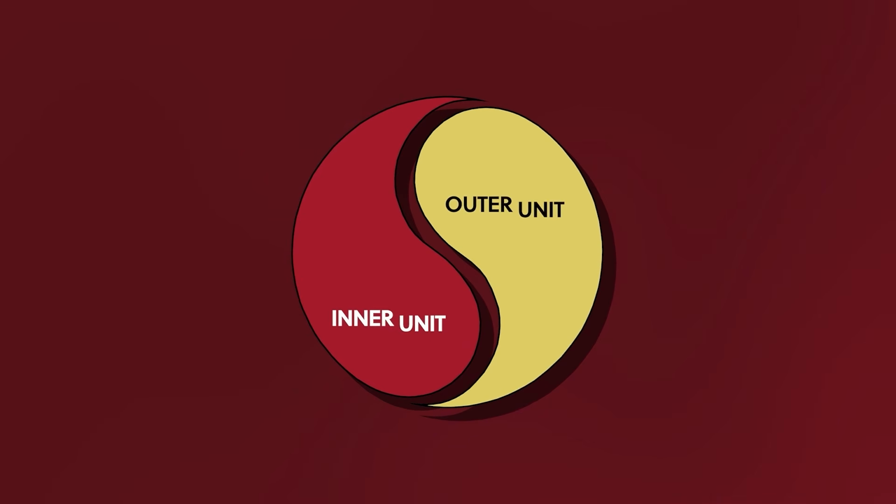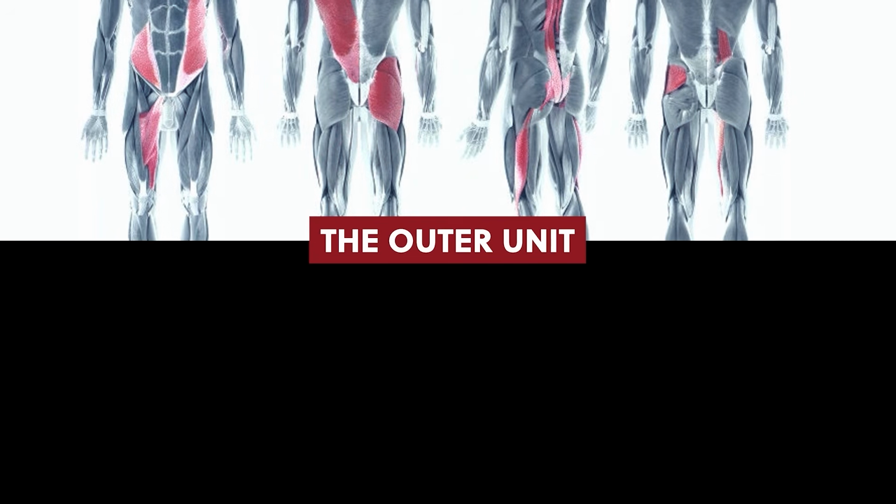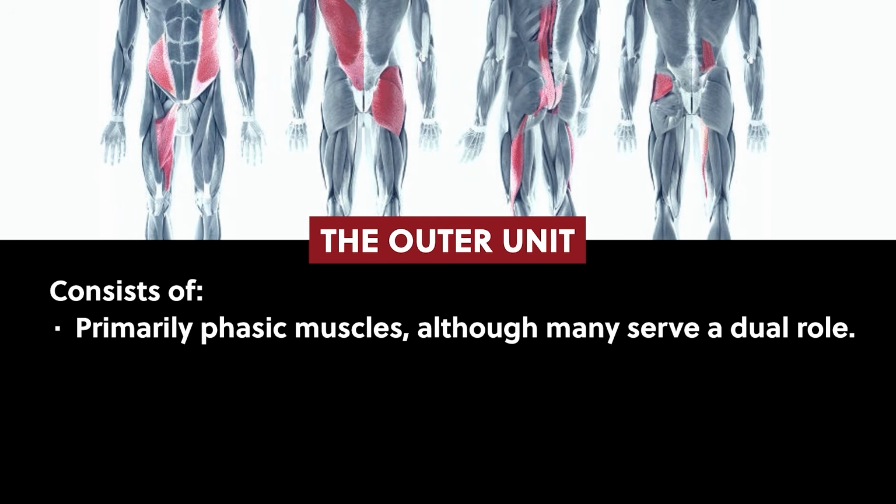Now, the inner unit works with the outer unit muscles, and I will be describing the difference in some of the intrinsic nature of these muscles as we go. The outer unit consists primarily of what are called phasic muscles, which are really geared towards faster movements or heavier lifts or more dynamic movements, not so much postural control and stabilization.